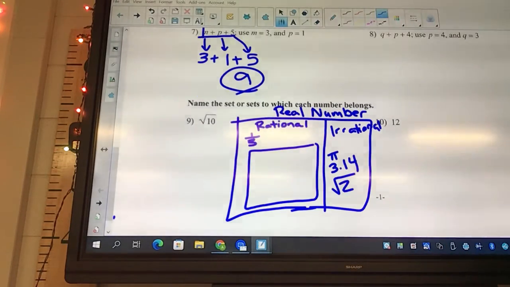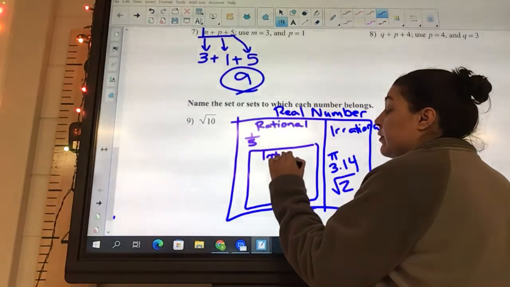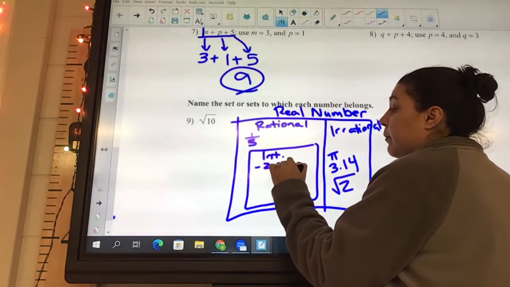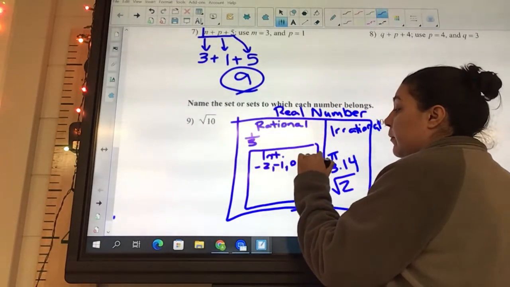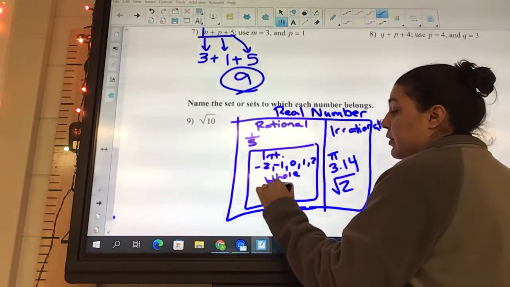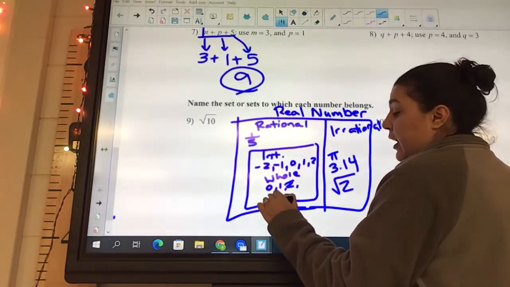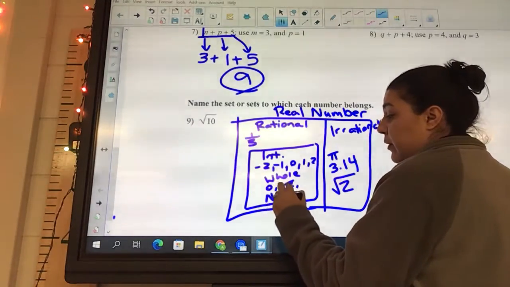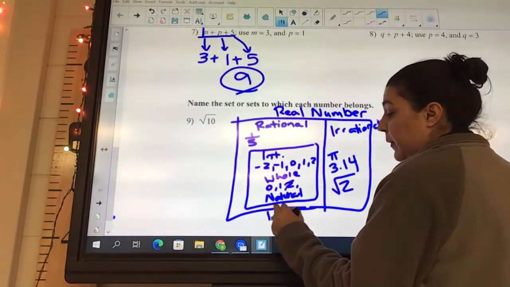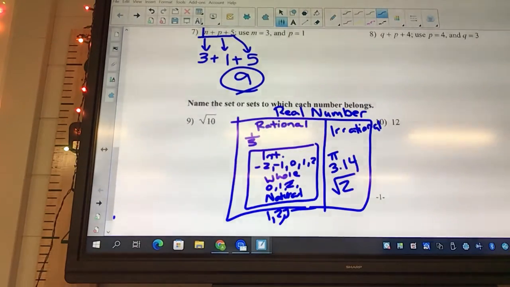Integers. What are integers? Negative, positive, and 0. And then we have whole numbers, and that's just going to be 0, 1, 2, and then we have just natural. Okay, and I will print you guys out the chart tomorrow. Let me write a note because I'll forget.